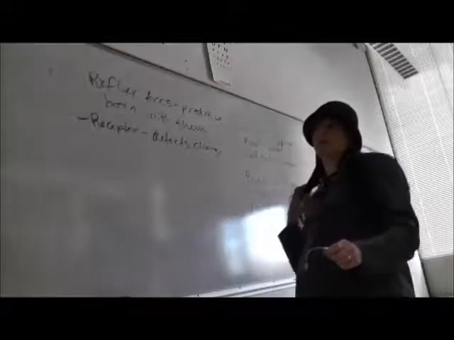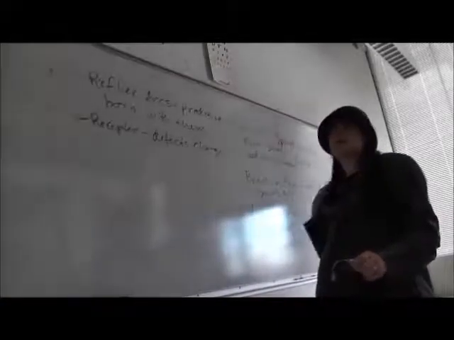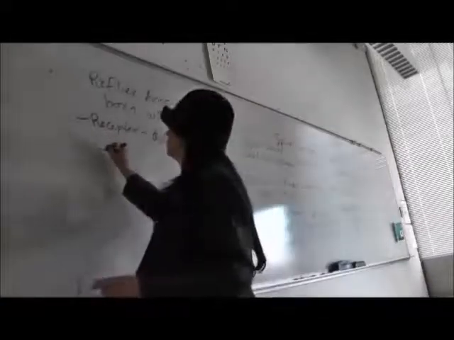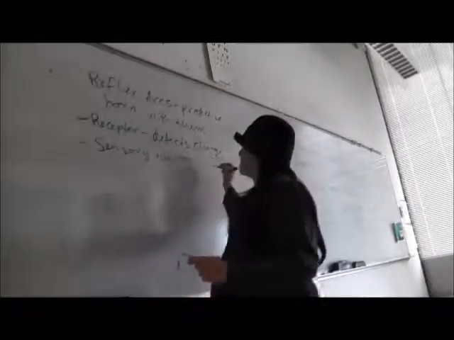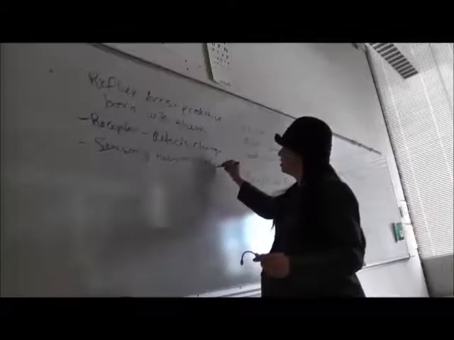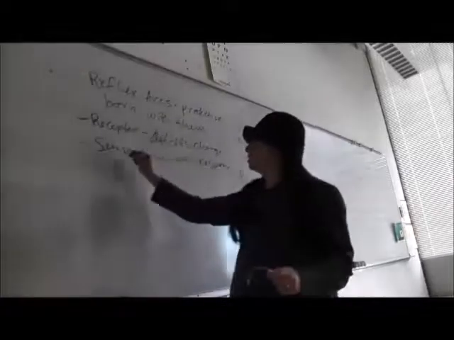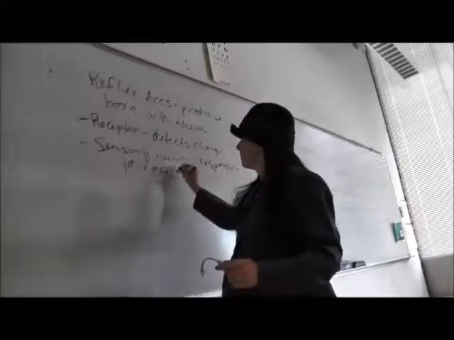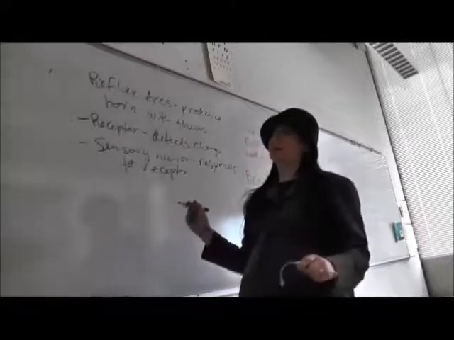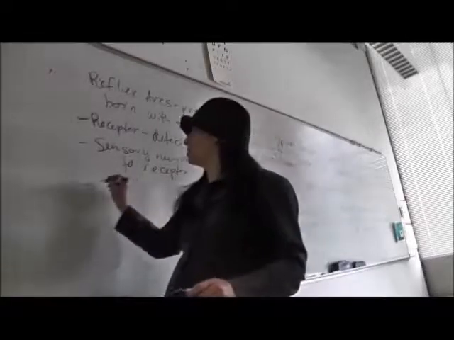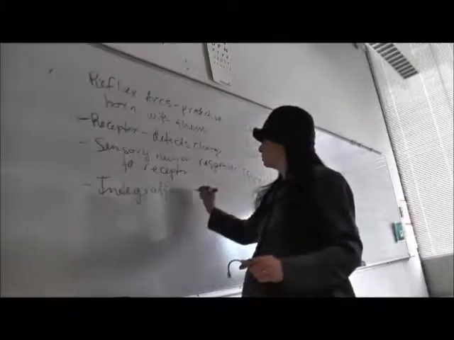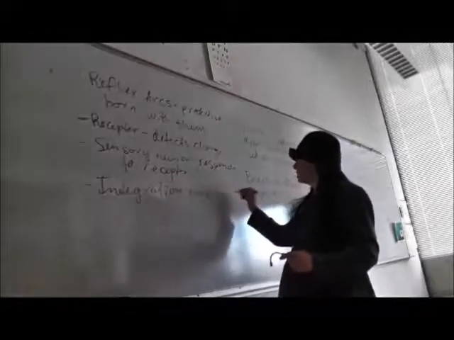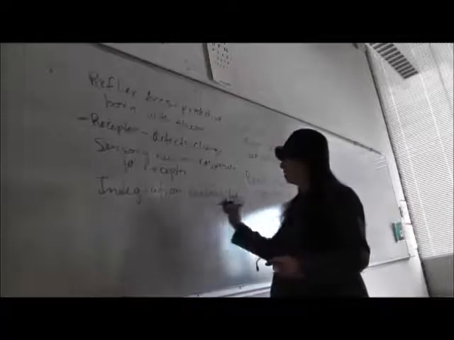It's going to communicate this information along a sensory neuron. So we'll say is responding to the receptor. It's going to bring this information to what's called an integration center, which takes the information and decides what to do about it.